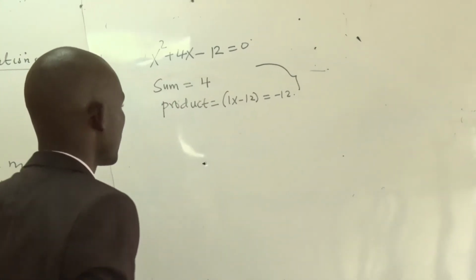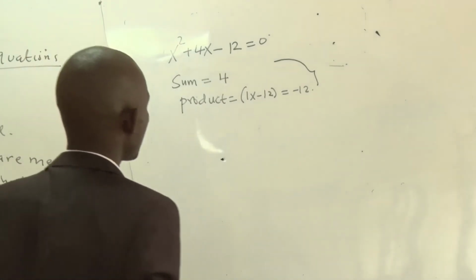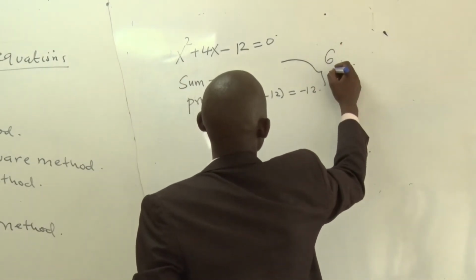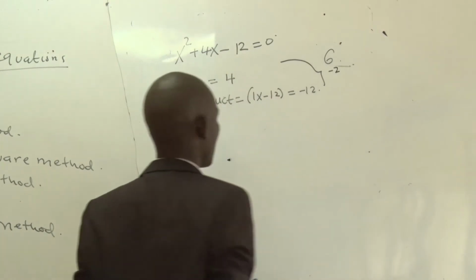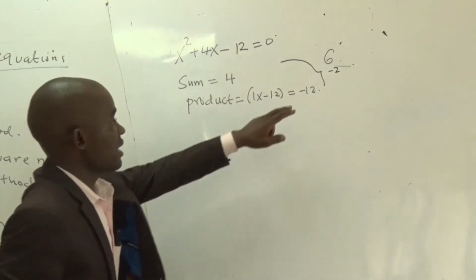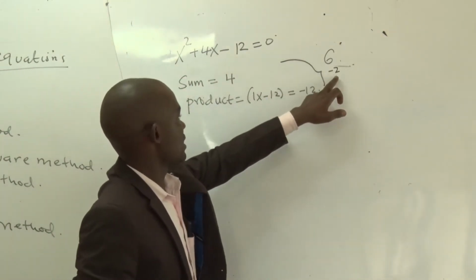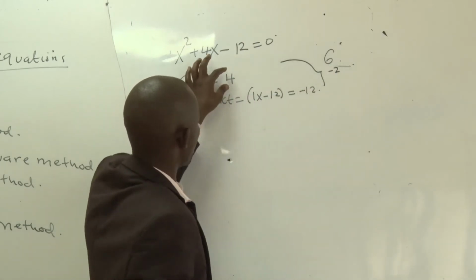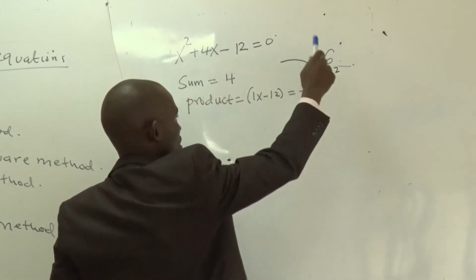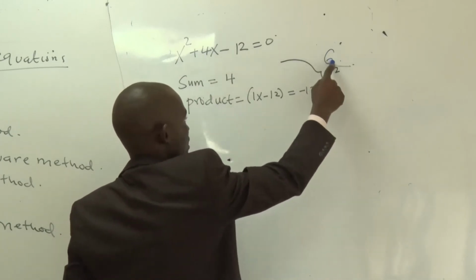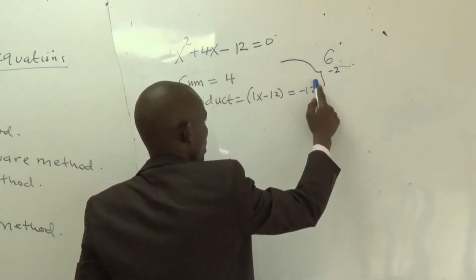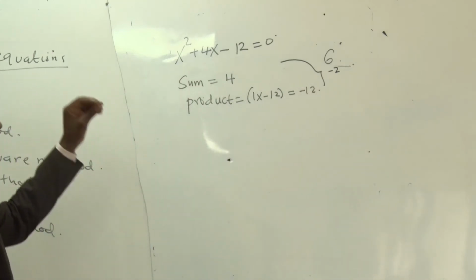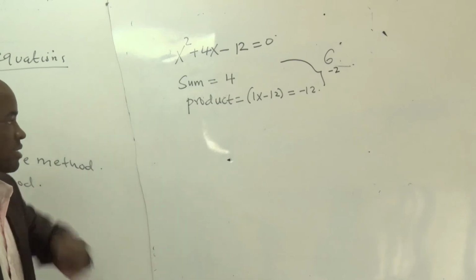If you look keenly, you will get 6 and minus 2. 6 plus minus 2 gives positive 4. If you multiply the two numbers, 6 multiplied by minus 2, you get minus 12. So those are the two numbers which give us the sum and the product at the same time.